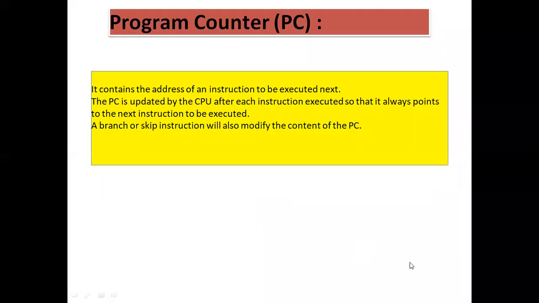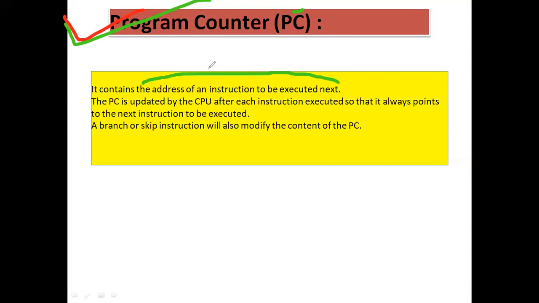Now come to the first essential register, that is the program counter. The program counter is shortly known as PC. This program counter contains the address of the instruction to be executed next. The address of the instruction that is going to be executed next is kept in the program counter.